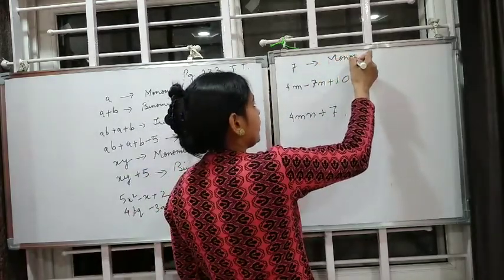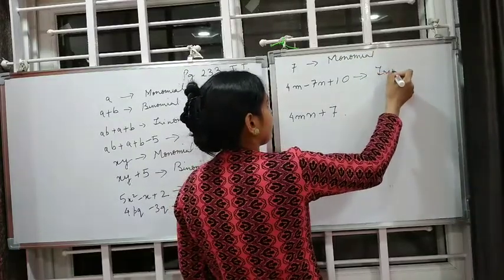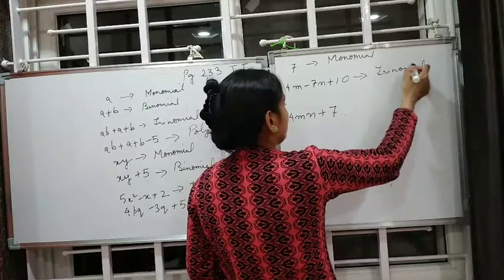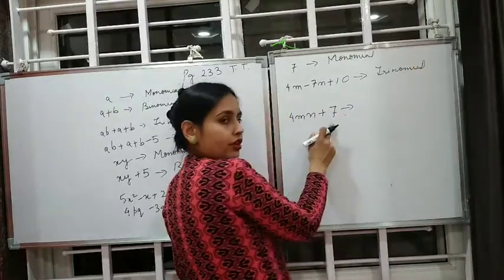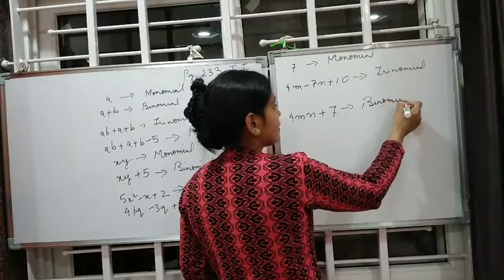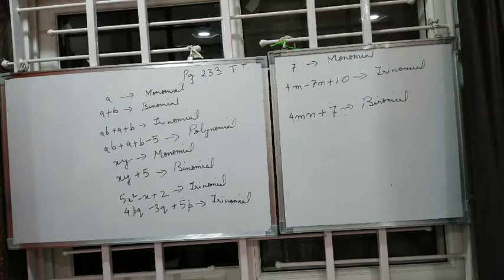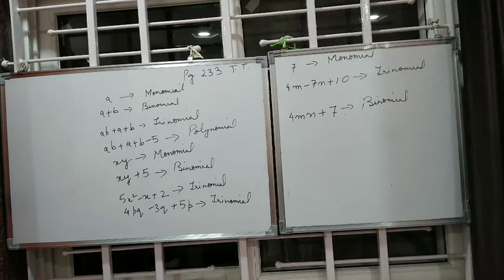Monomial only. Then trinomial. 1, 2 terms. So binomial. And this completes the try these. Okay. So we complete the try these, and children, tomorrow we will start the exercise.